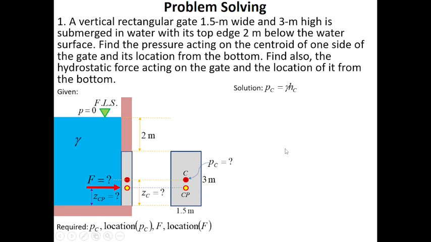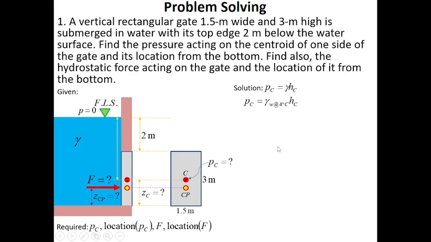We consider the specific weight of water at a temperature of 4 degrees Celsius. This is an assumption because the problem did not indicate the temperature of the water. Then multiply by H sub C.